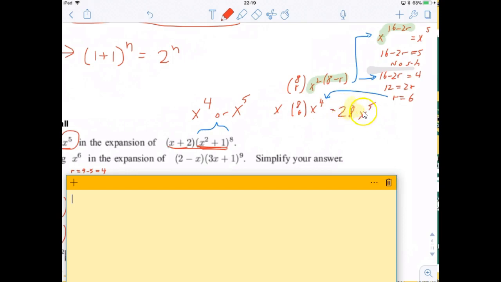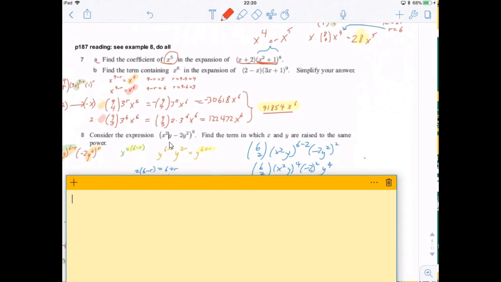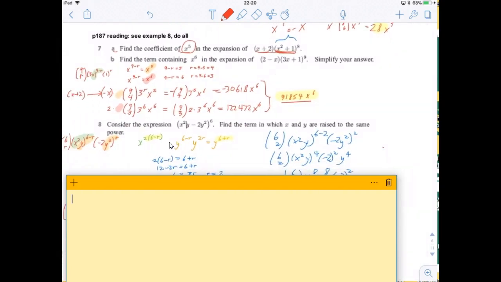That is the term for this expansion. So we have 8 choose 6 times x to the fourth, 28x to the fourth, and we multiply that by this x term, and we get 28x to the fifth. Okay? All right.